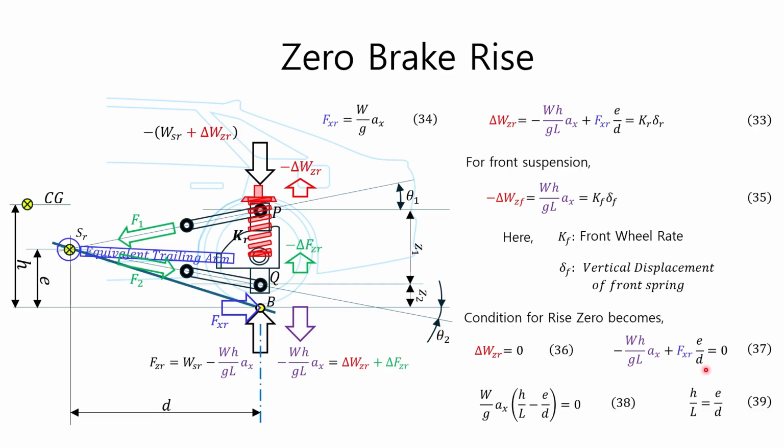Since the braking force Fx can be expressed by equation 34, substituting Fxr from equation 34 into equation 37 and rearranging yields equation 38. For equation 38 to hold, the expression inside the parentheses must be 0, so we can obtain equation 39, which represents the conditions for the rise to be 0.